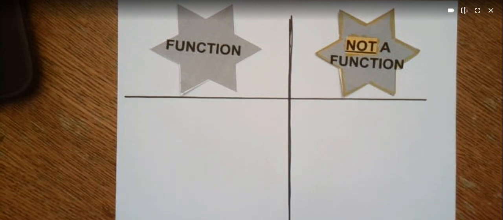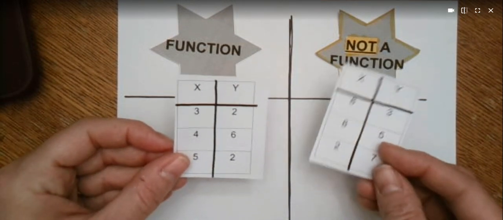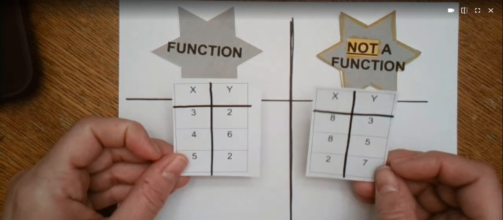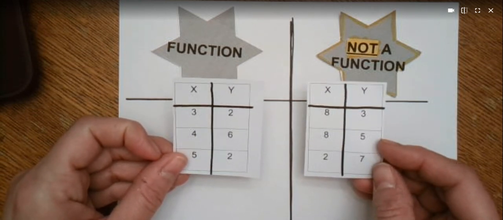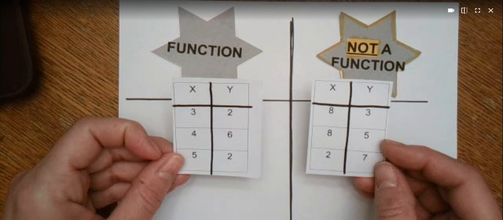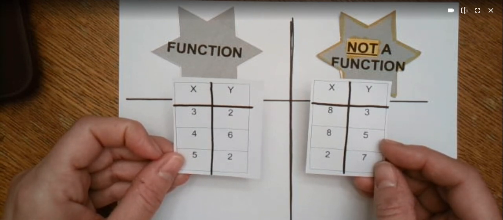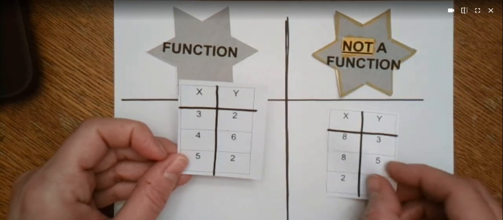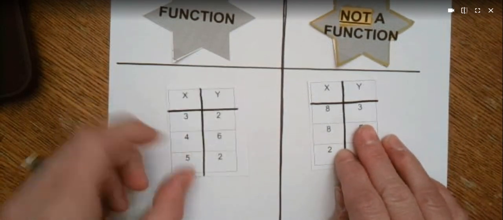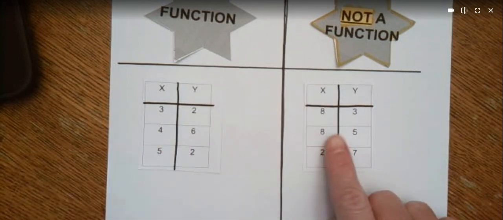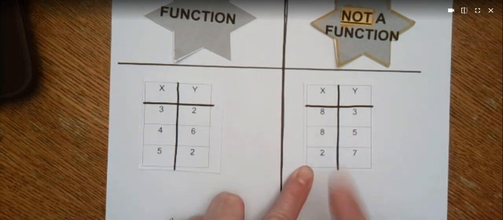So let's say that I gave you two tables and I asked you which one's a function, which one's not a function. You've got to be able to recognize, when you look at a table, the x values repeating. If there's x values repeating, it's not a function. So in the case of this one right here, this table would not be a function because it has x values repeating.